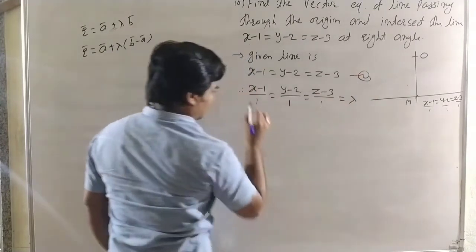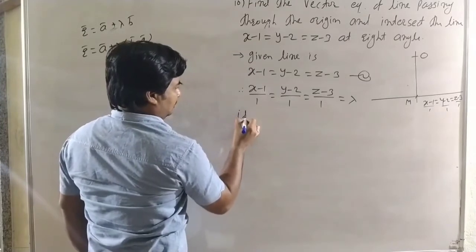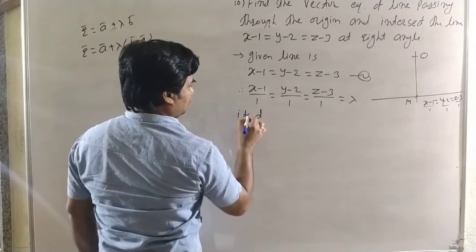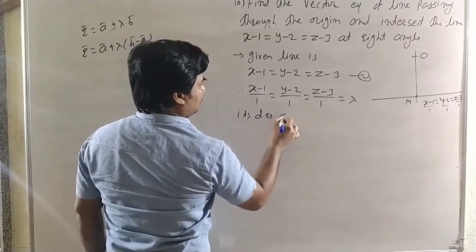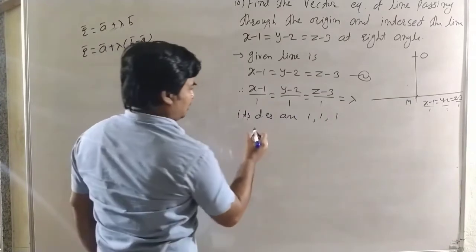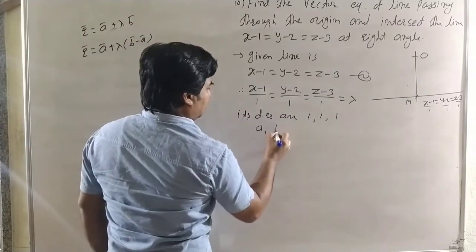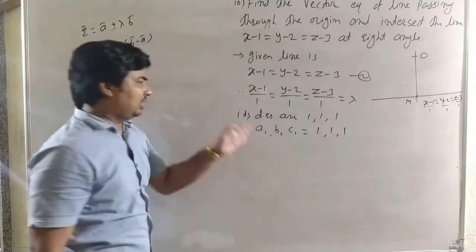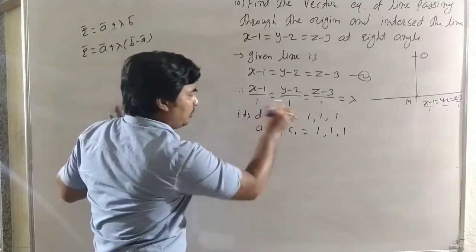It is equation number 1. Its direction ratios are 1, 1 and 1. Therefore a1, b1 and c1 are 1, 1 and 1, the direction ratios.